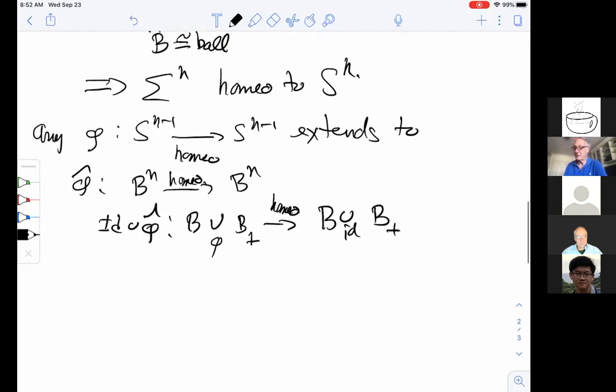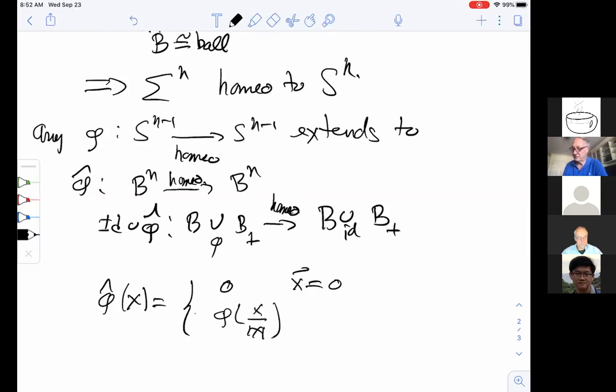Okay. And the proof of the extension is to define phi hat of x to be 0 if x is the origin, and to be phi of x over norm x times norm x if x is not the origin.